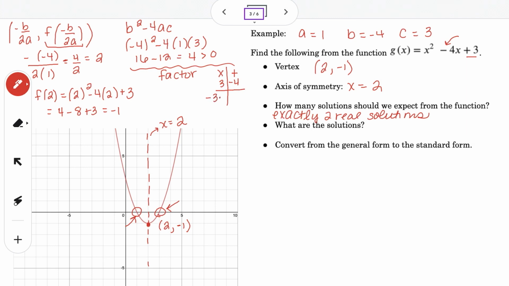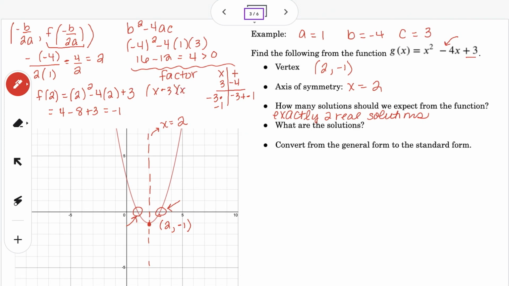Let's see here, negative 3 times negative 1, since negative 3 plus negative 1 is negative 4, and negative times negative is a positive. Perfect. So our factored form is (x minus 3)(x minus 1).